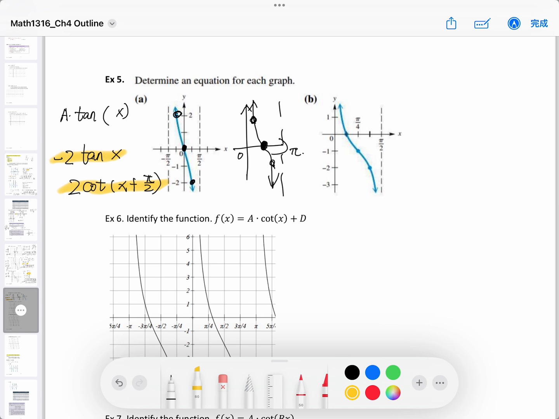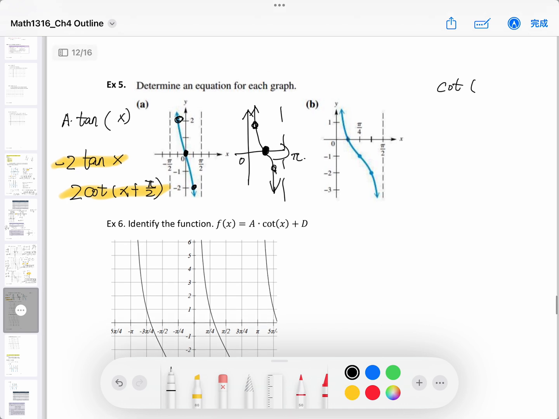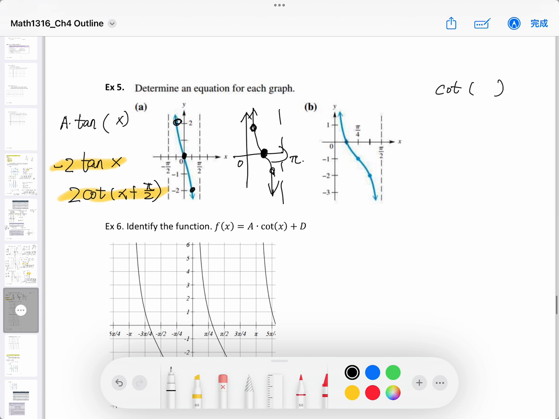From this image, I can tell this must be cotangent. And I don't know if I have any stretching or shrinking. Let's put a function here. So from 0 to pi over 2, I see these two key pieces of information.